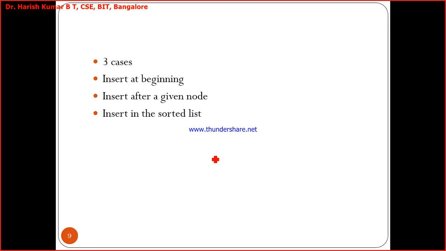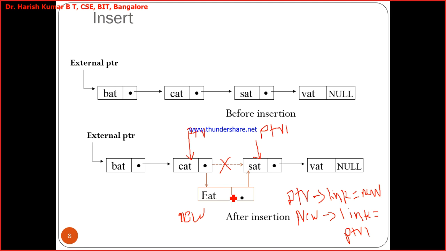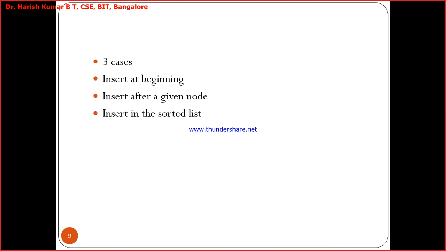Sometimes we insert at the beginning, sometimes we insert after a given node, like inserting this node after the cat node, and sometimes we insert into a sorted list. Now we are going to discuss each one of them in detail, along with the algorithm and how to do it.